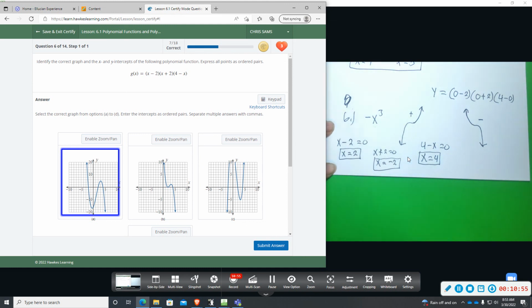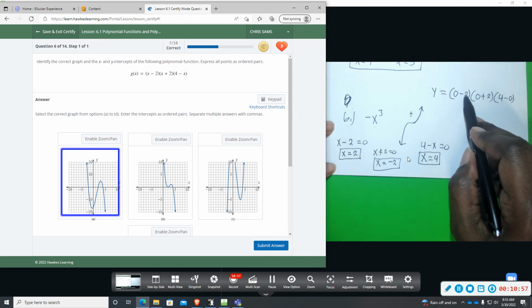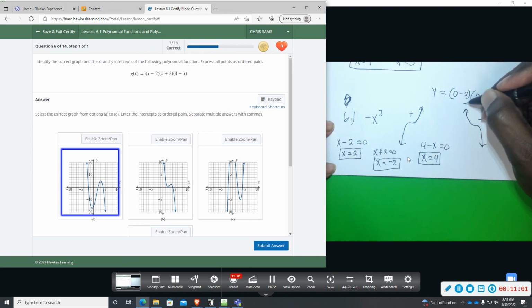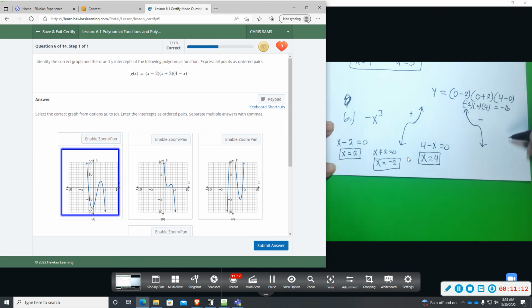And we're going to just multiply all of these. So I got a negative 2 times a positive 2. And then times 4. So that's going to give us a negative 16. So our y-intercept is going to be 0, negative 16.